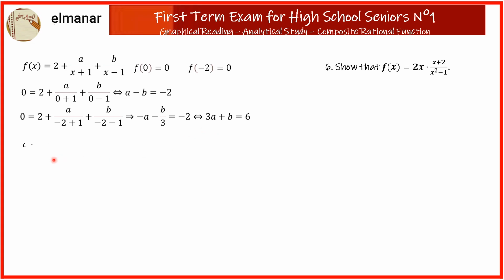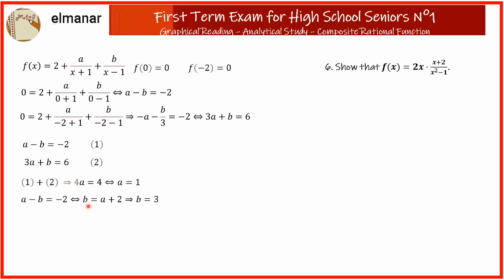To solve the system formed by these 2 equations, we proceed as follows. By adding both equations together, we get 4 times the value a equals 4, which means that the value a equals 1. We then substitute this result into the first equation to find the value of b.